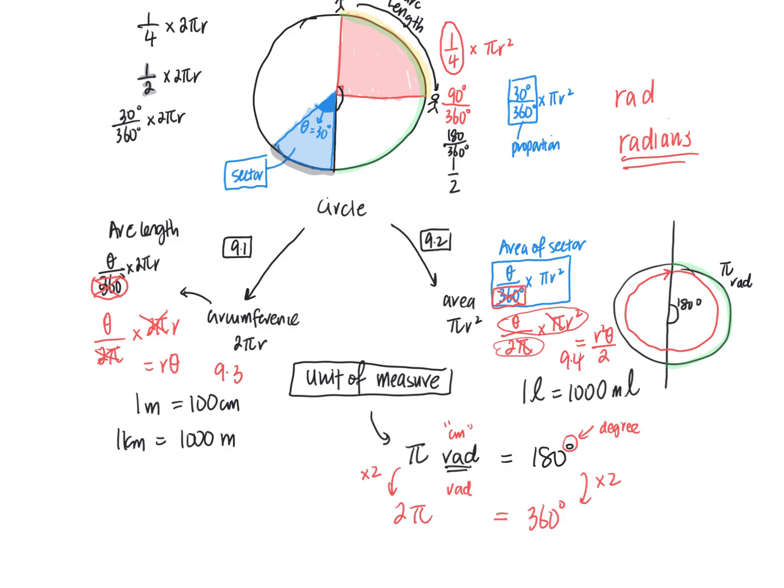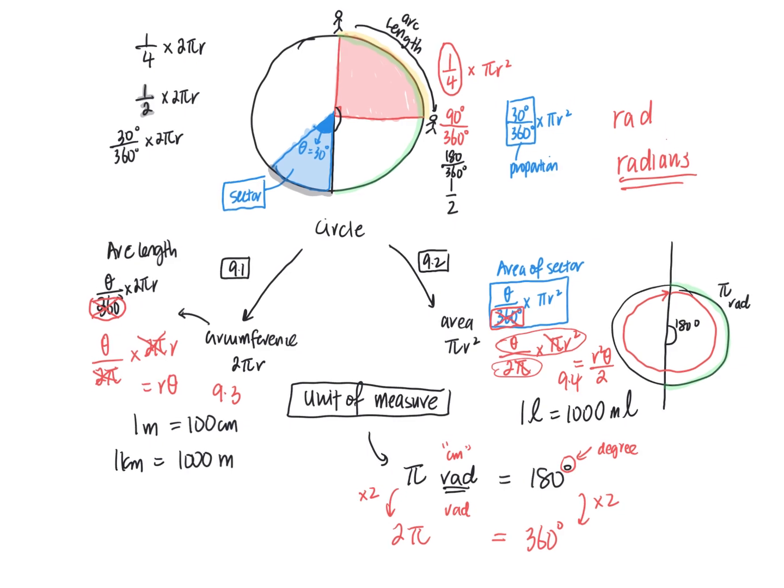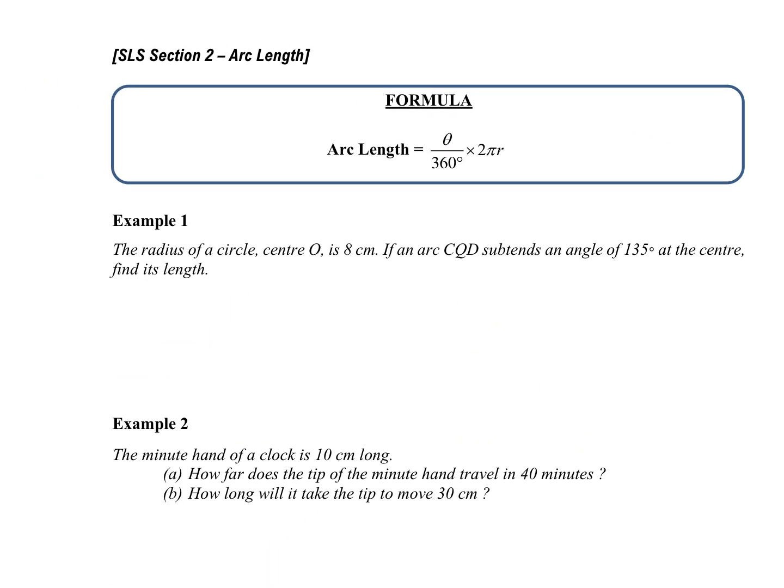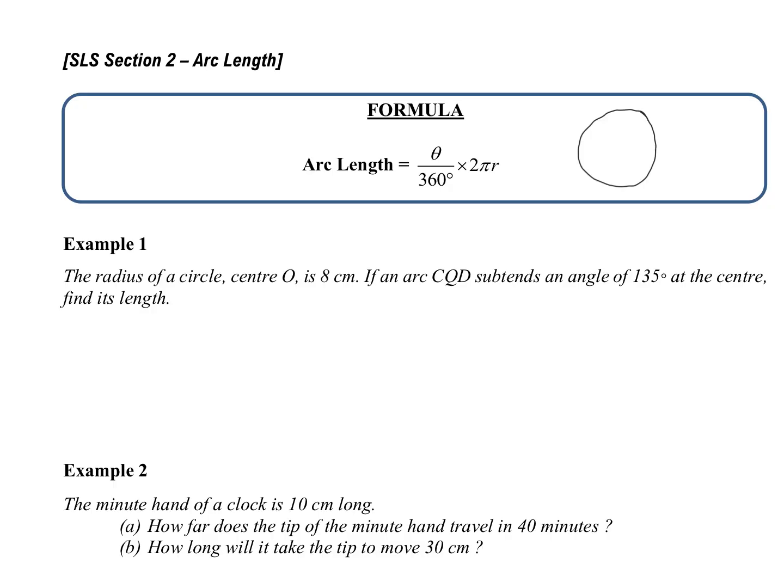Can? Okay, let's go to the technical part. Examples. First one, just now we already talked about the formula. If this is the circle and this is the slice that I want, to find this arc, I first find what is the fraction of this first.